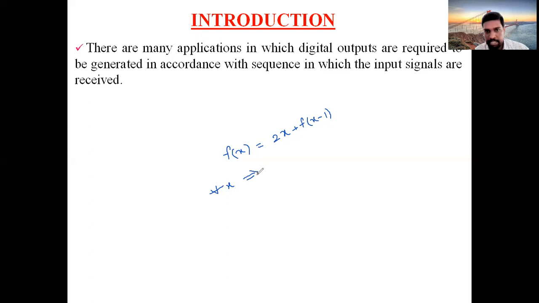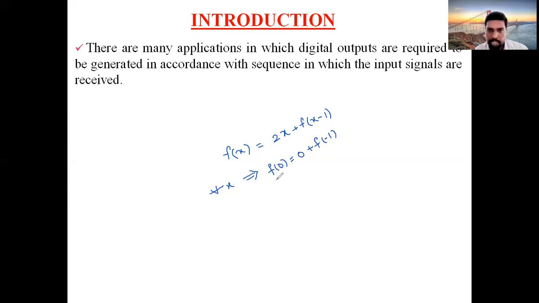Suppose you take x equal to 0. F of 0 is equal to 2 into 0, which is 0, plus f of 0 minus 1, meaning f of minus 1.